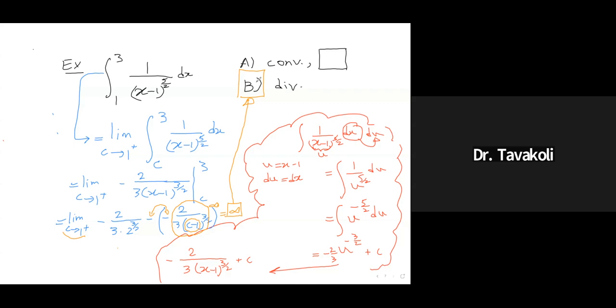And with a simple argument, we can see that the fraction 2 over 3 times c minus 1 to the power of 3 halves becomes infinity, and the two negatives before that neutralize each other, so the whole thing becomes positive. This is a number here, but it doesn't affect plus infinity because when added to plus infinity, it is still plus infinity. So the integral is a divergent integral.